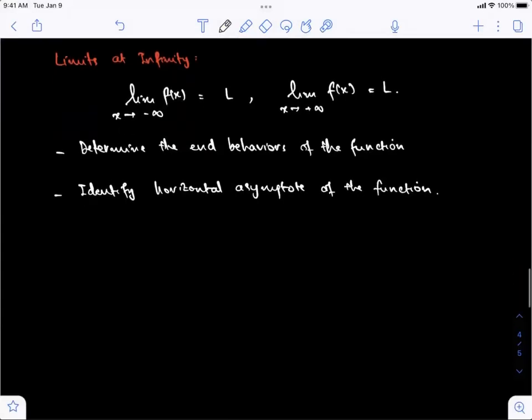So that's limit at infinity, which helps you identify the end behavior of the functions, or identify horizontal asymptotes.